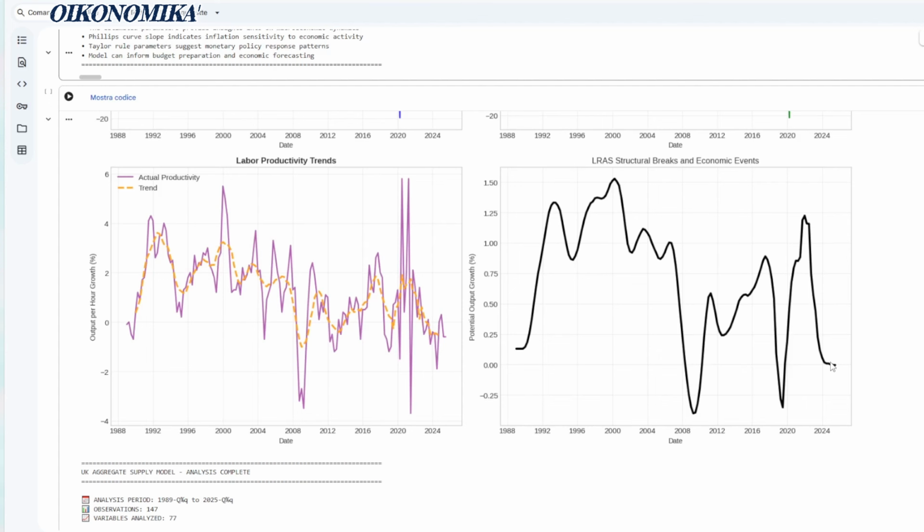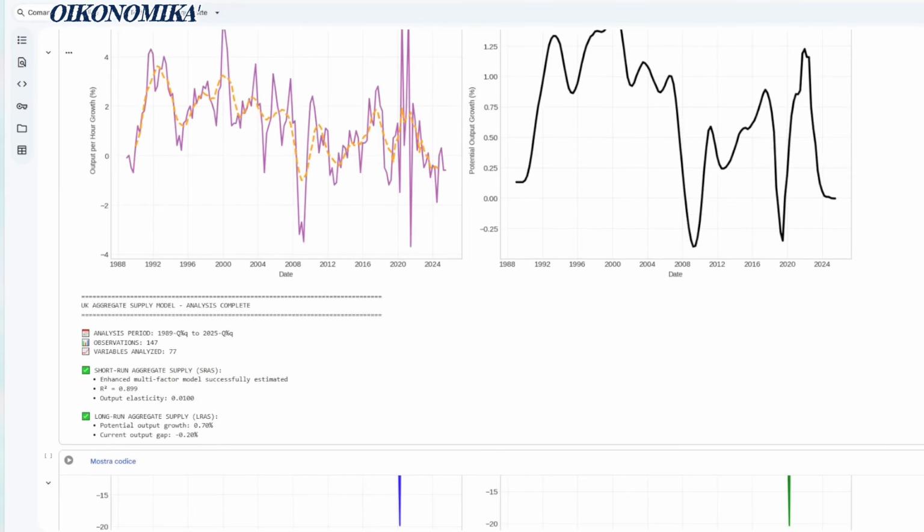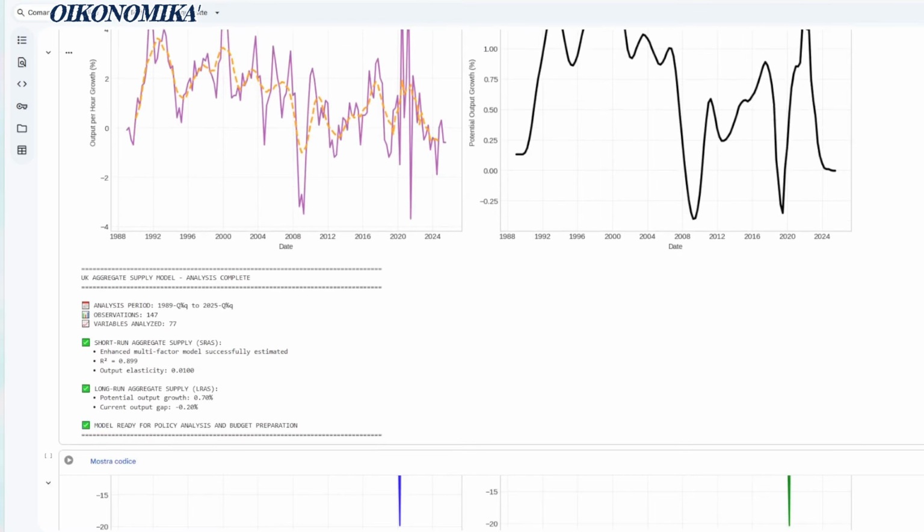So it means that the economy is stagnating as if it was already going at potential. And that's not good, because if the potential is zero, as soon as you do a 1% deficit, you are adding public debt. That's how it is, and this stuff is very, very important.